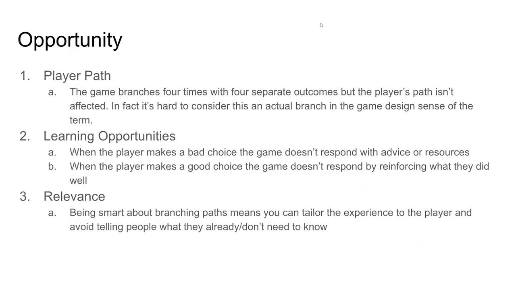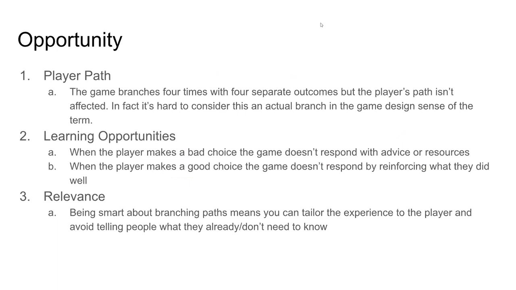So I'm just going to sum up here. Your opportunities are your player path. As I've said, when you branch and you have a different player path, you have the opportunity to really teach that particular learner something unique to them.